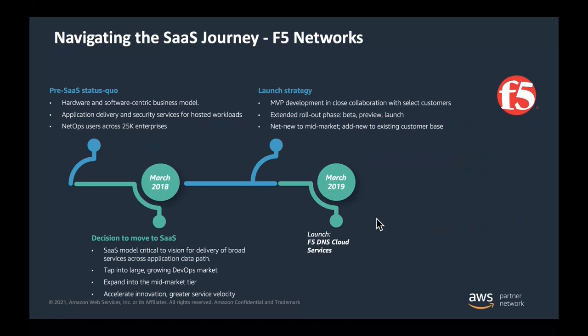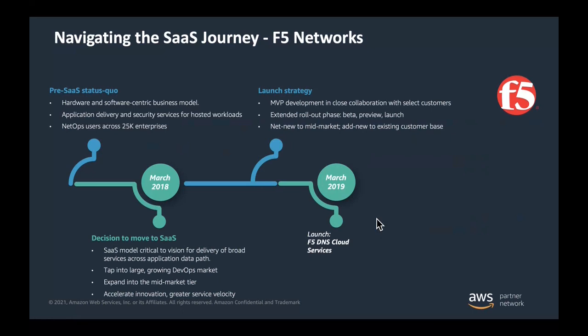And then they usually go with a preview, which is more publicly available than a beta launch, but still they don't do a lot of noise in the market to reach that broader audience. And then finally they launch the product to make it generally available to all of their target customers.